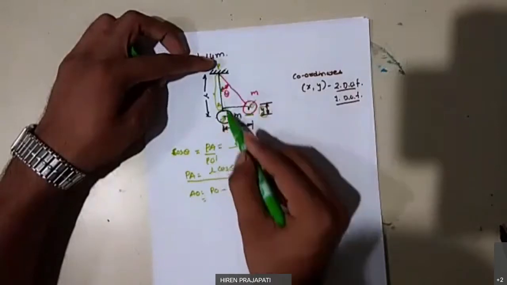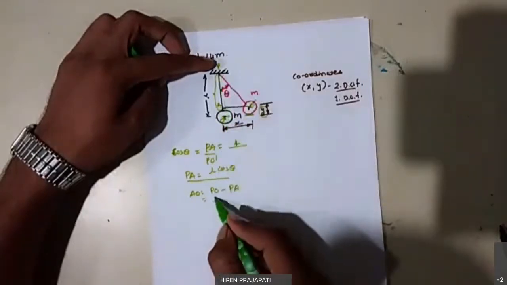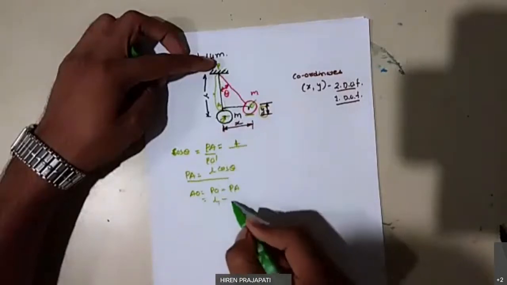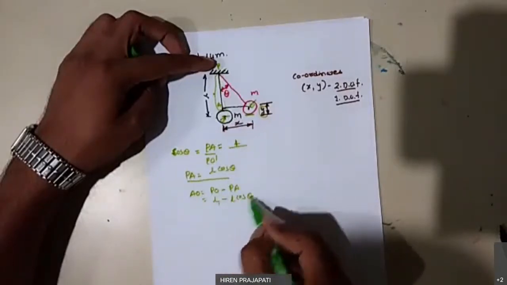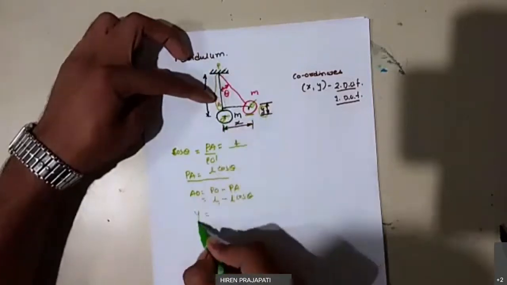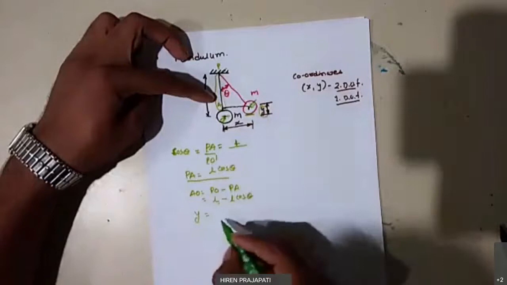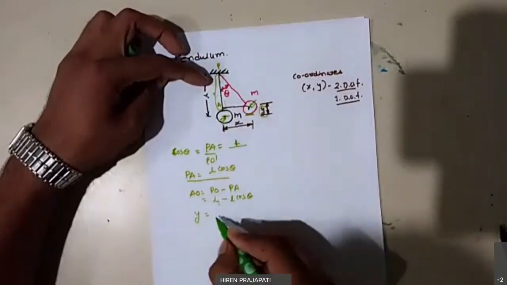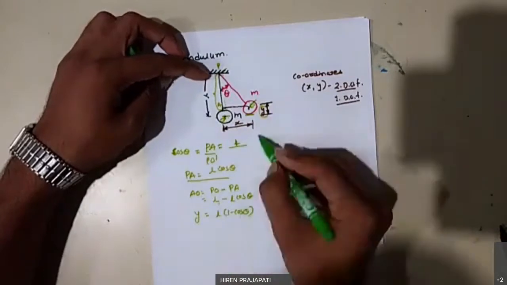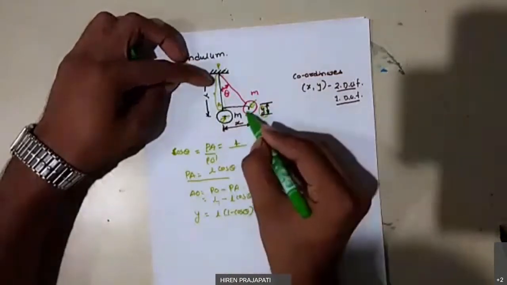CO is again the original length, so L minus CA, which is L cos theta. So I can say AO, which is Y, the vertical movement of the pendulum. When I take L common, then it is L times 1 minus cos theta, right? So this is for the Y movement of this mass.